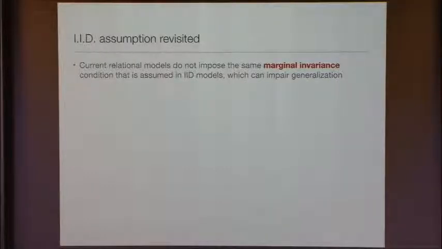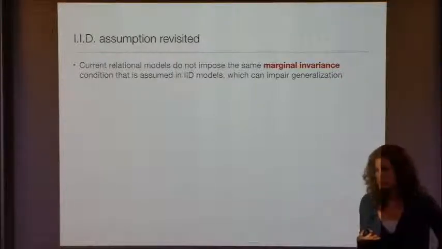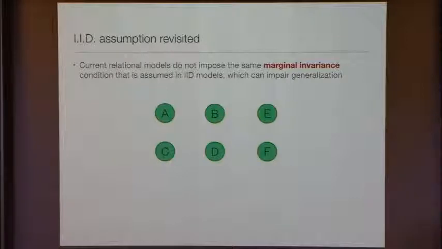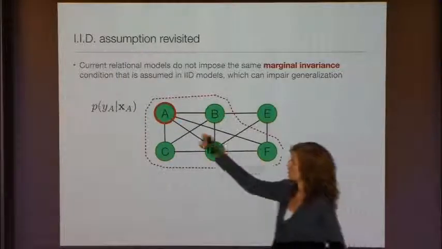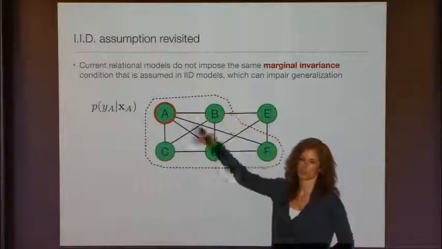And so I guess I always thought that the way we define these models was essentially still assuming that our nodes were identically distributed. But actually, if you look at the way these graphical models work, because they depend on the structure of the network, the nodes are not marginally invariant, right? So if we know nothing about anybody in this network, when we make a prediction about the class label of A, we're going to marginalize over everything in their neighborhood, right?